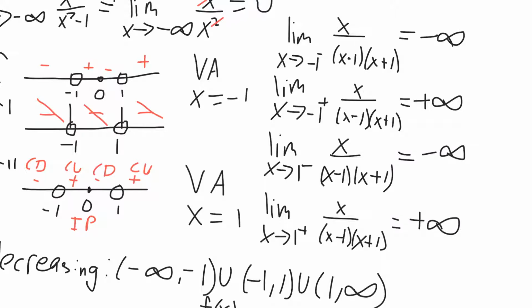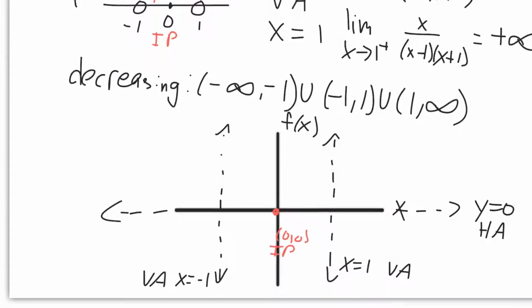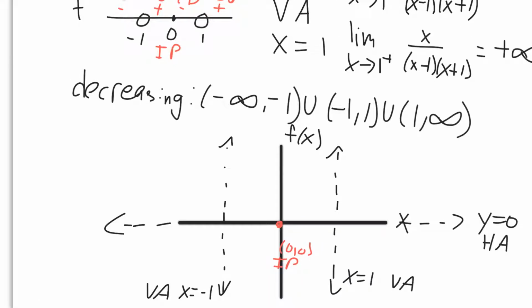So we can encode this information into our graph as follows. We know that down here, we should expect it to be at negative infinity. Over here it should be at positive infinity. In this section it should be decreasing, and we should have a concave down shape. Over here it should be decreasing with a concave up shape. And so that should be enough to get us the first portion of the graph as follows.